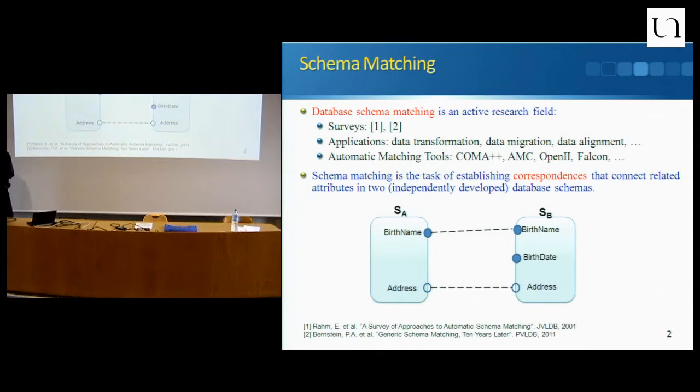For example, the talk that we have seen before is also in this direction, which analyzes better and better functions to evaluate the similarity, which in some cases improve the matching quality. There are also a lot of techniques to improve based on the structure and other properties of the schema.